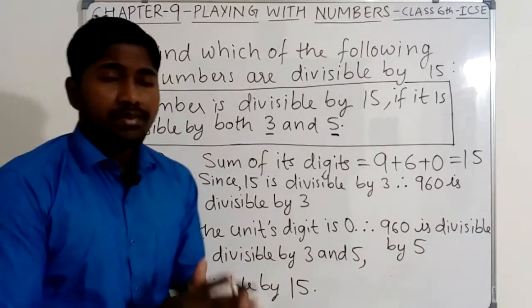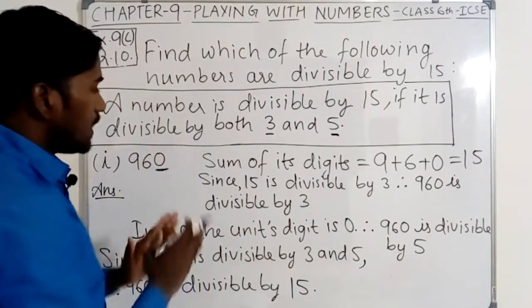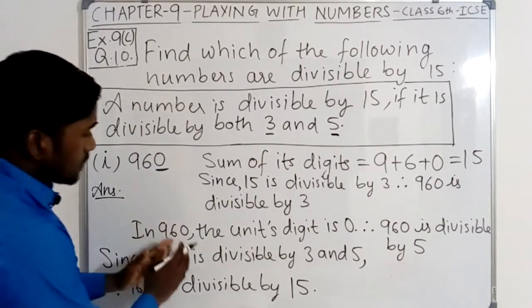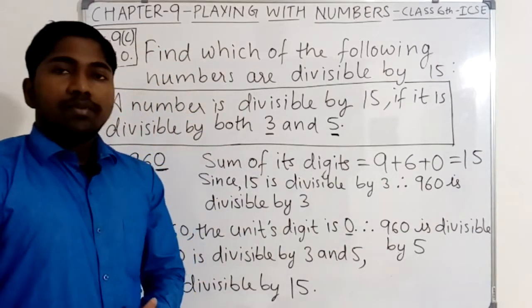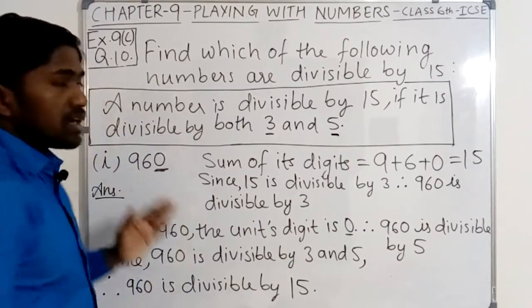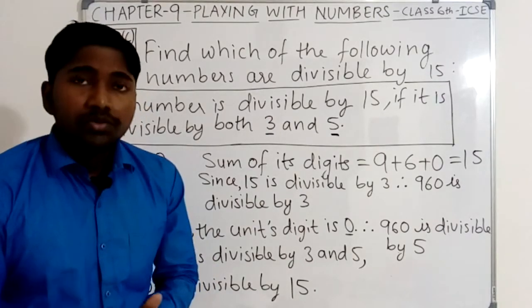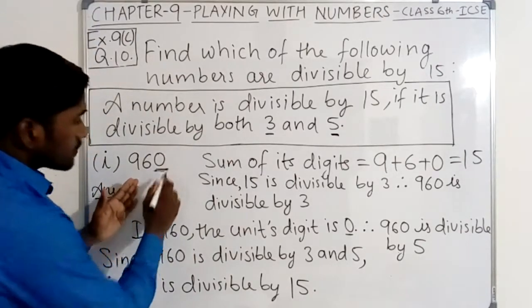Now we have to check whether this number is divisible by 5 or not. In 960 the unit digit is 0. See how we find out whether a number is divisible by 5: if its unit digit is 0 or 5. If it is either 0 or 5, then that number is divisible by 5. So here it is 0.